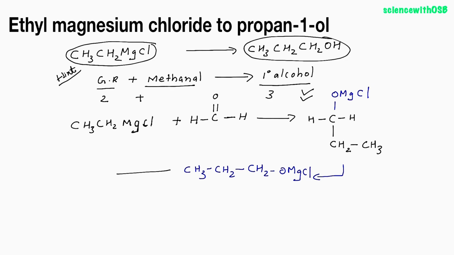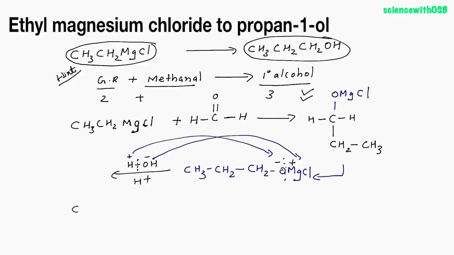Now what is the last step? See, you have to add water, H2O or HOH, in the presence of H plus. Now what will happen? See, this bond will break. H becomes H plus, O becomes O minus. This bond will break. Mg becomes Mg plus and O becomes O minus. Then this H plus will be taken by O minus and OH minus will be taken by MgCl.